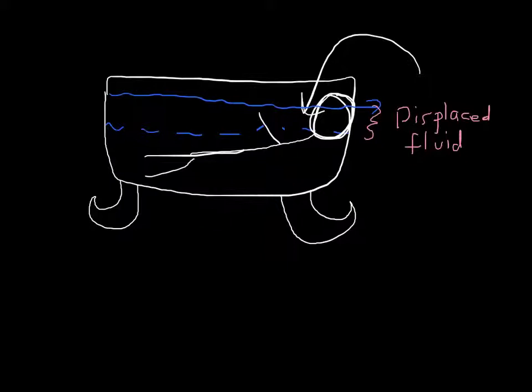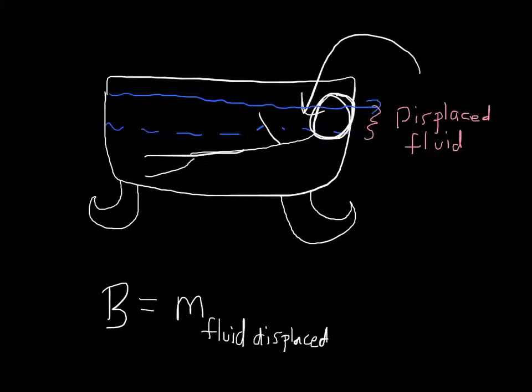So this gives us the concept of the buoyant force, where the buoyant force is equal to the mass of the fluid displaced times the gravitational acceleration. After all, the buoyant force is a force.